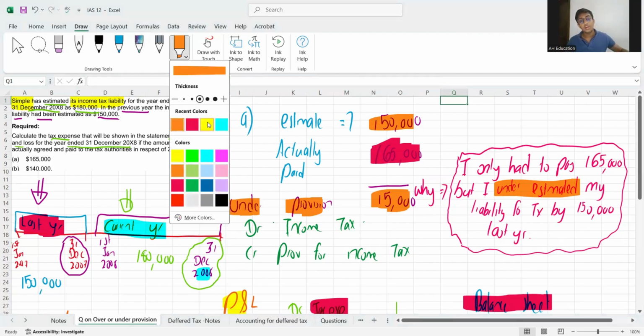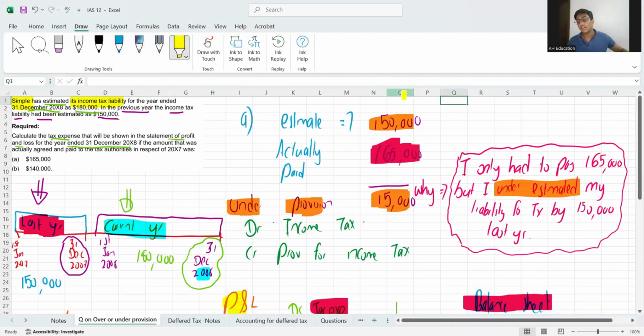Now here is your logical understanding. For my last year, I only thought my tax expense would be 150,000. That is my tax liability, I thought. That is the amount that I need to pay for taxes last year. But actually, after 3 months, on 31st March 2008, I went to my tax department and they told me, sir, please pay us 165,000.